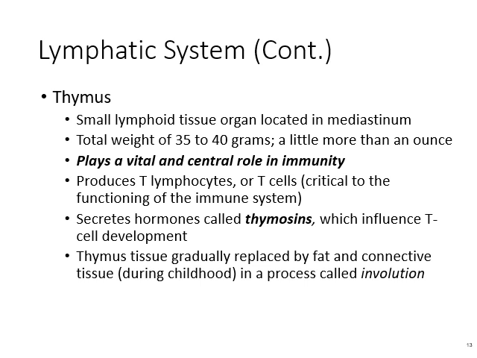It produces T lymphocytes, or T cells, critical in the functioning of the immune system. It helps the T cells mature. The thymus secretes a hormone called thymosin, which influences T cell development.